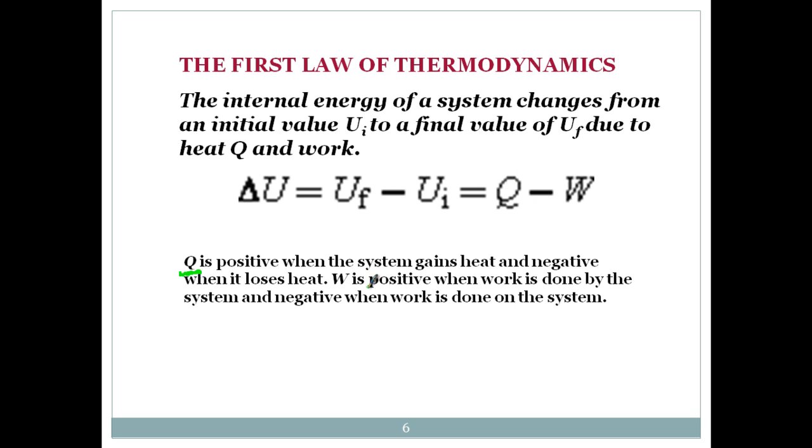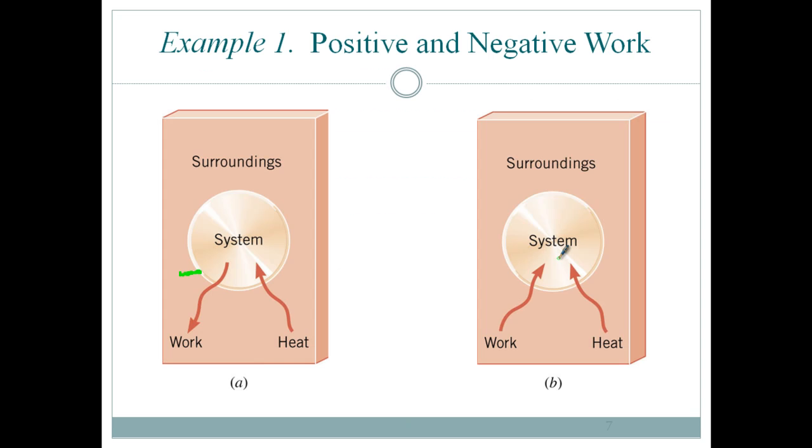Same with W. W is positive when work is done by the system and negative when the work is done on the system. So when work is leaving the system, it's positive. When it's coming into the system, it's negative. So here we have the system, work going out. Therefore, we have positive work over here.